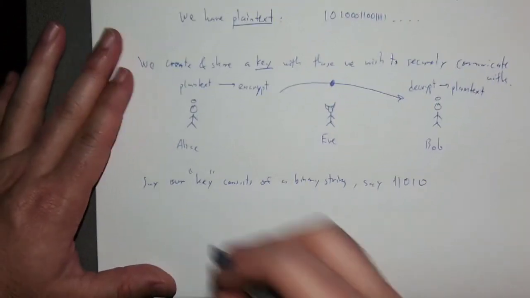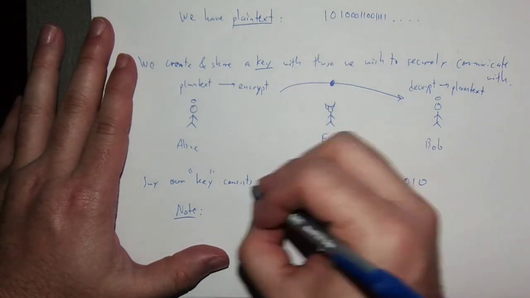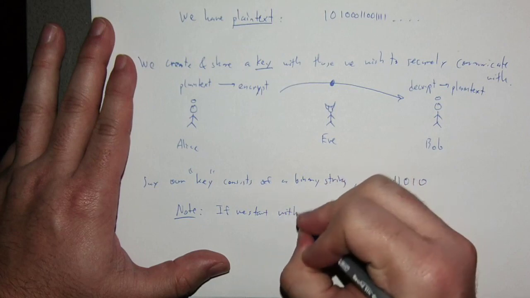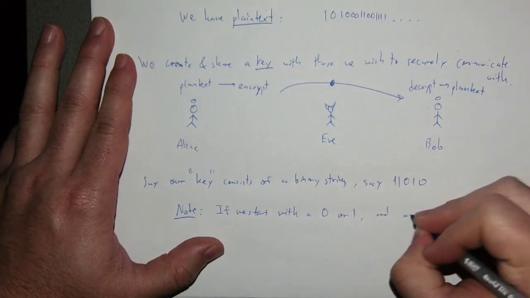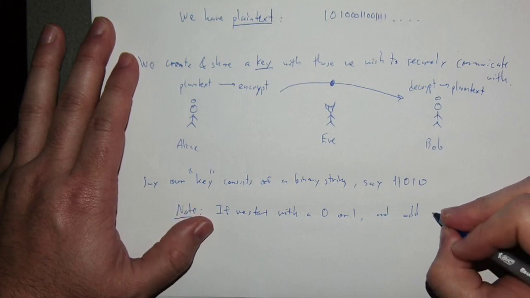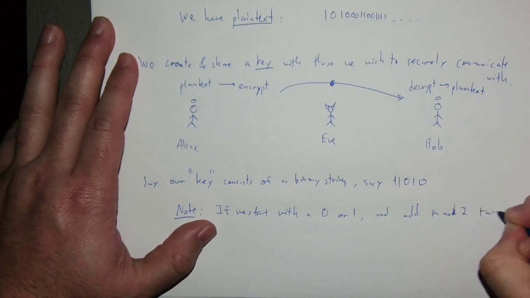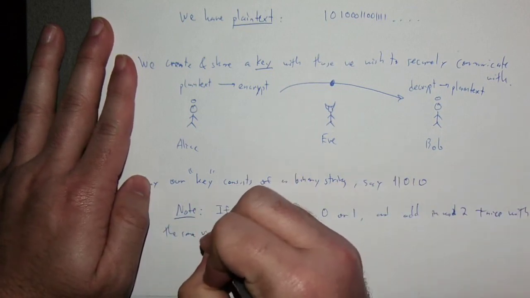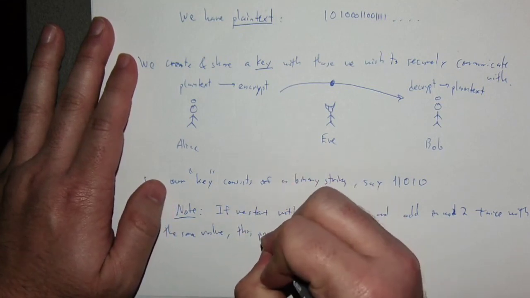So then note, if we start with a 0 or 1 and add in mod 2 twice with the same value, this process cancels out.